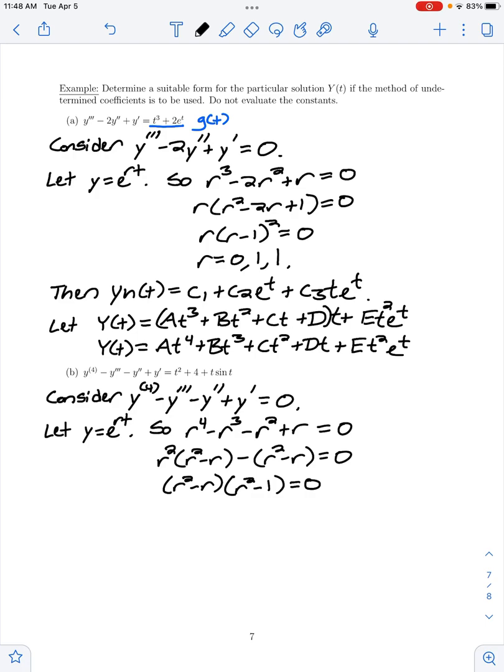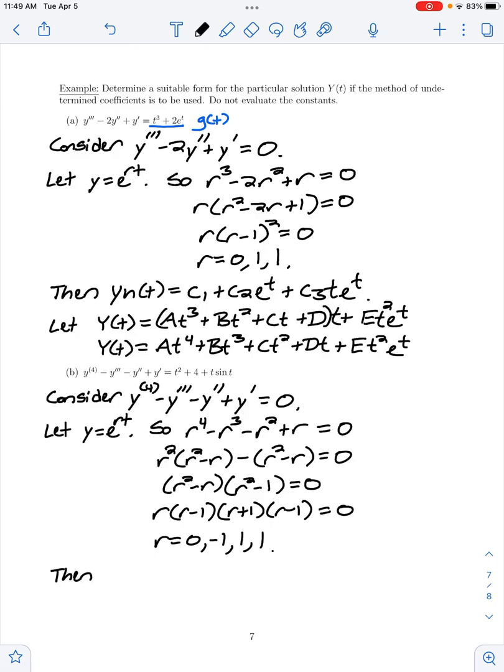And then if I factor an r from the first of these factors, I'm left with an r minus 1. And then factoring my r squared minus 1, I have an r plus 1 times r minus 1. And so I find that I have roots of 0, negative 1, and 1, where 1 has multiplicity of 2. It was repeated.